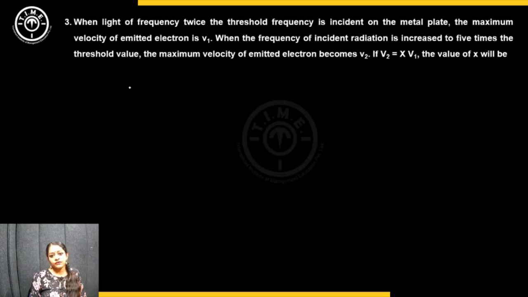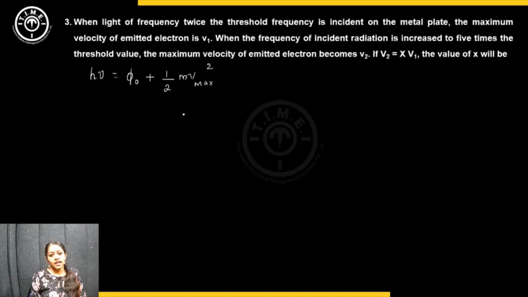Initially, when light of frequency twice the threshold frequency is incident on the metal plate, the maximum velocity of the photoelectron is V1. So let us create a photoelectric equation based on that statement. We have the photoelectric equation as h nu is equal to phi 0 plus KE max. Here the question is in terms of velocity of the photoelectrons, so we can substitute for KE max as half m v max square.